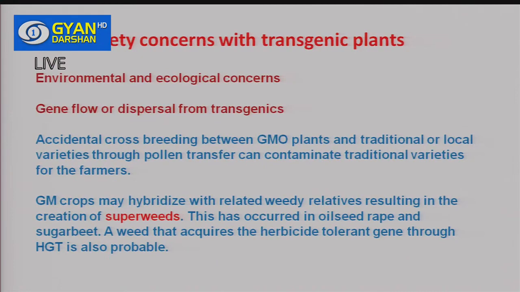Another point is whether it is an environmental hazard, because as I said, when you are introducing a transgenic plant in a field condition, there is a chance that because of pollination, the surrounding non-transgenic plants might get affected, and this is called genetic erosion, because you are losing the traditional varieties which are already present in the field, or those traditional varieties might get contaminated because of the pollination.